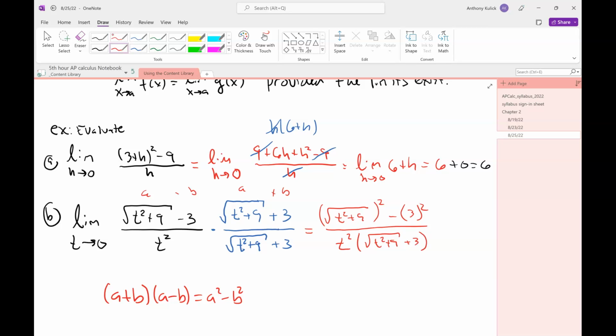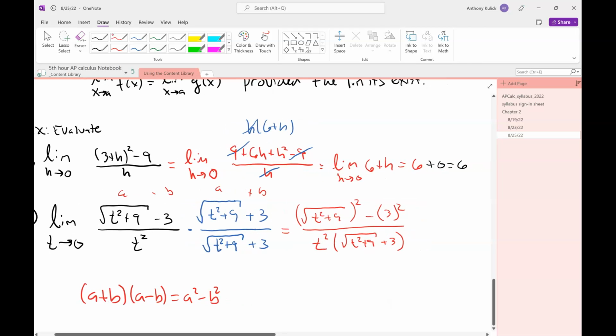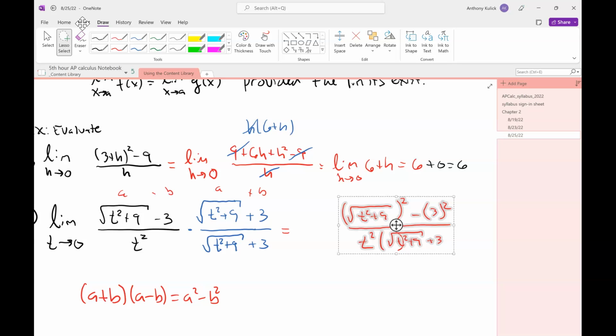And why is that a good deal? Oh my goodness, guys, I made a big mistake here. Hold on one second. This is like the calc teacher's biggest pet peeve. I forgot to write limit there.